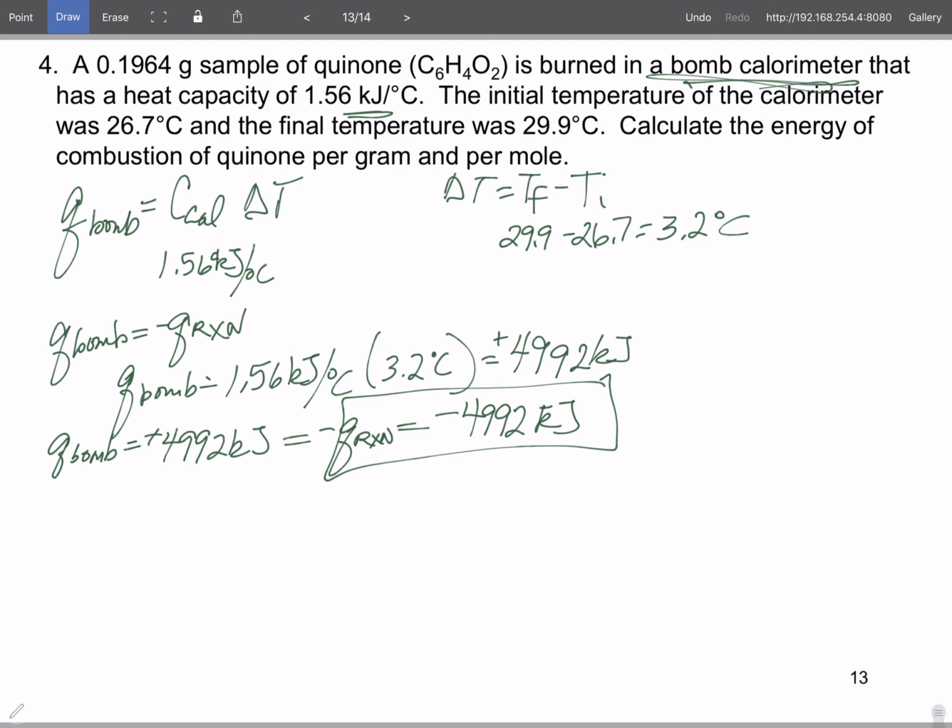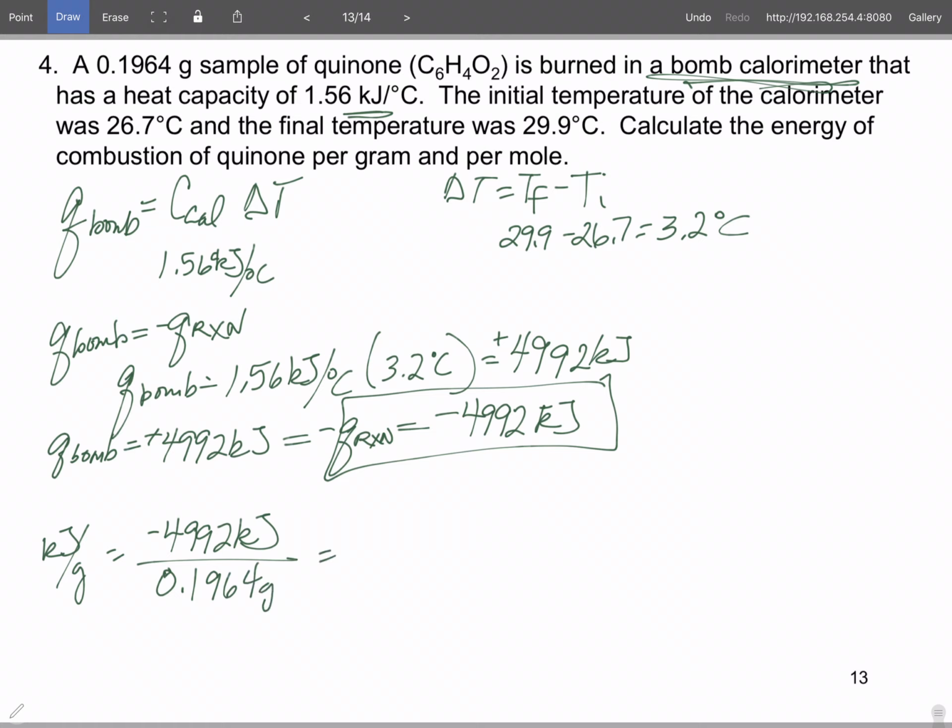But we're asked to calculate the energy of combustion of quinone per gram. So if it's kilojoules per gram, then we start with our kilojoules, which happen to be negative because it's an exothermic, and we're going to divide it by the grams. Well, we're given 1.964 grams.